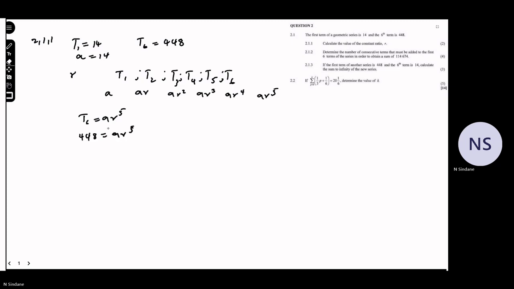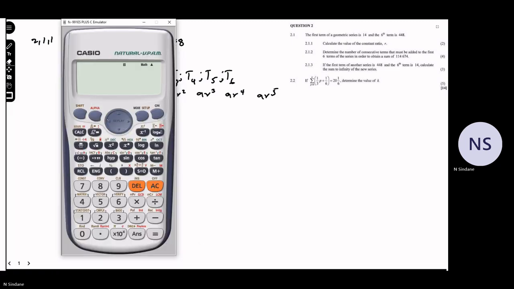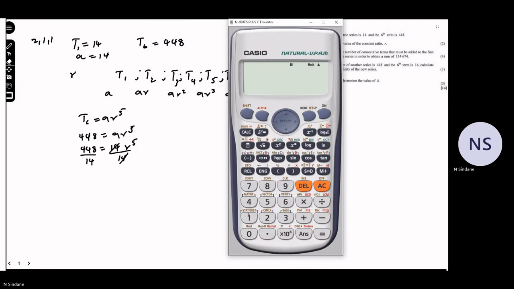I'm looking for the value of R, but I know what the first term is. The first term in this case is 14, right? A is equal to 14. I can substitute: 448 is equal to 14 R to the power 5. And then when I remove 14, this and that cancel. Let me get my calculator. So when I say 448 divided by 14, what do I get? I get 32.